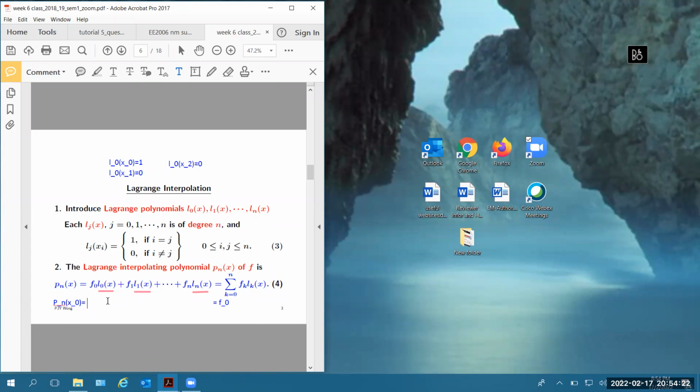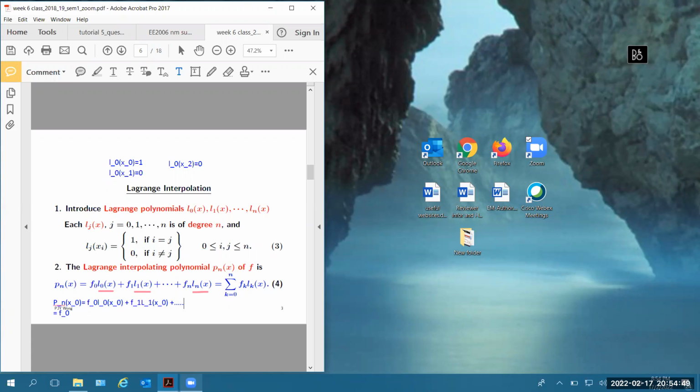Okay, so what we do here is, you got your f0, then you got your L0, and you substitute x0. Then you got plus f1, and then your L1, and you also substitute your x0, and so on.